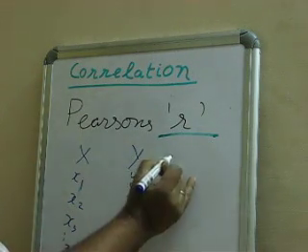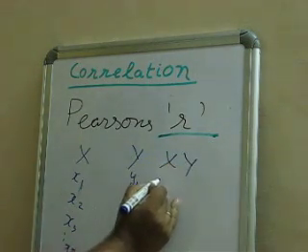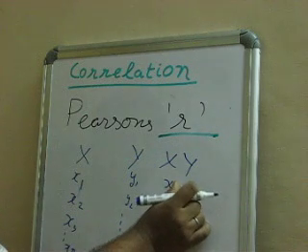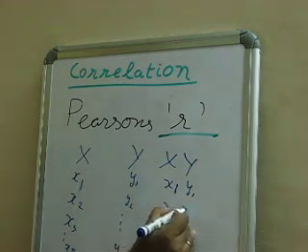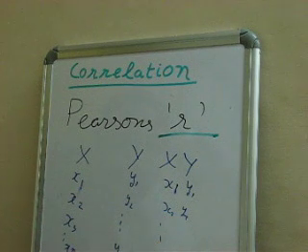Calculate XY, which is nothing but X1Y1, X2Y2 to XnYn.